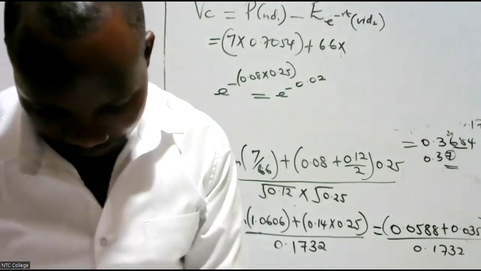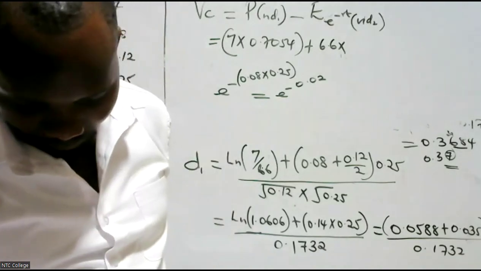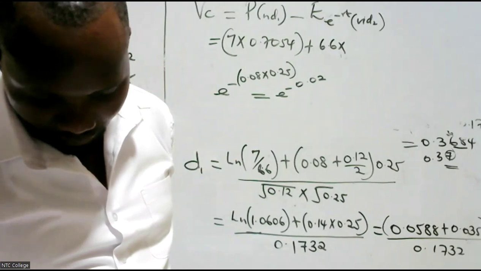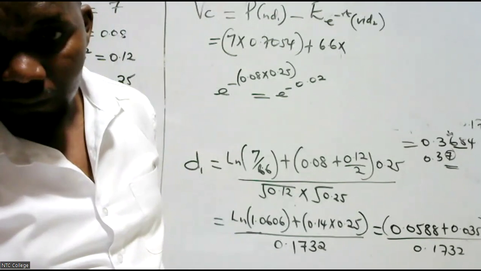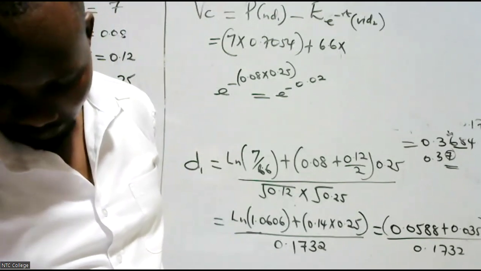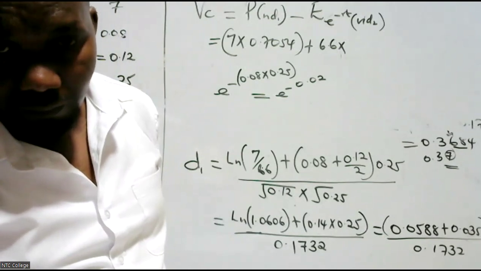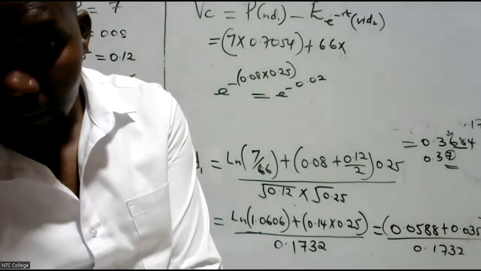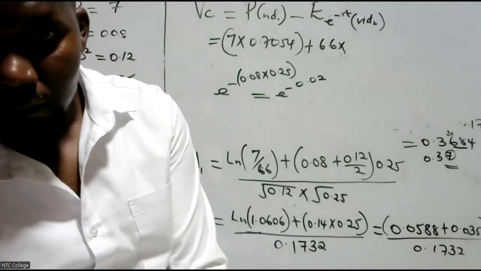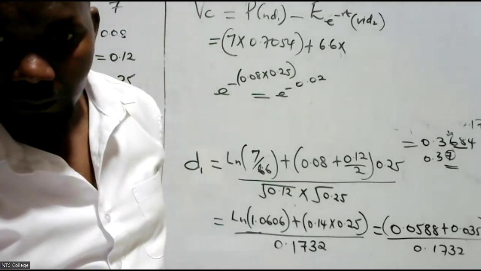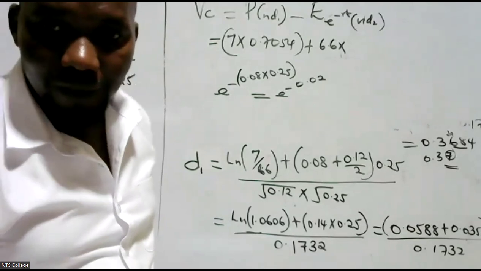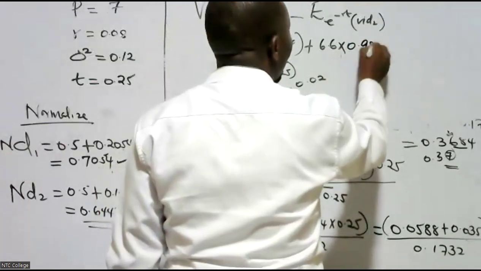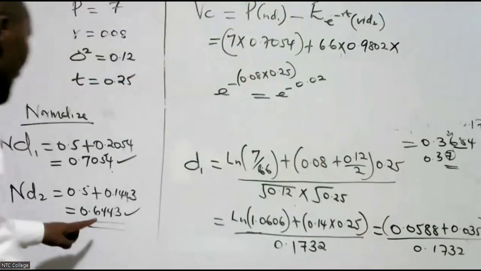What do you get? So you are having there 0.9802 times now ND2. We have calculated it here.